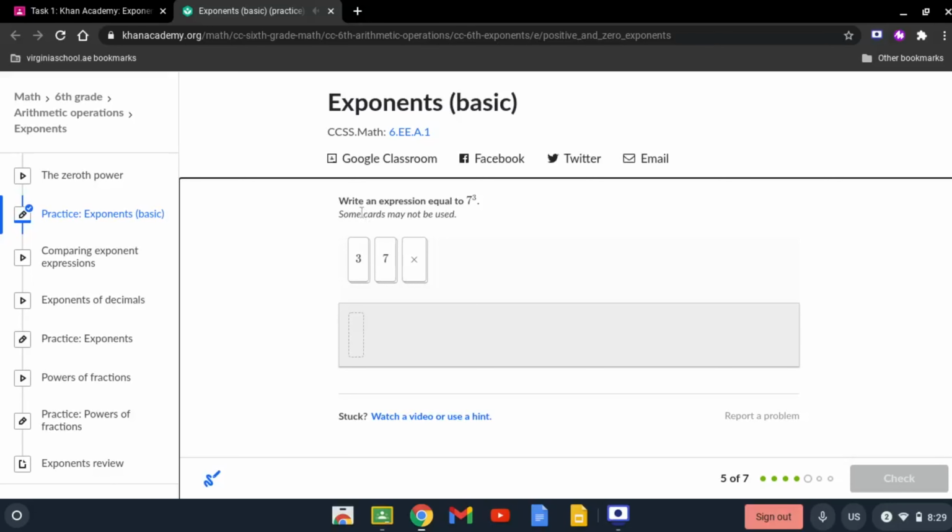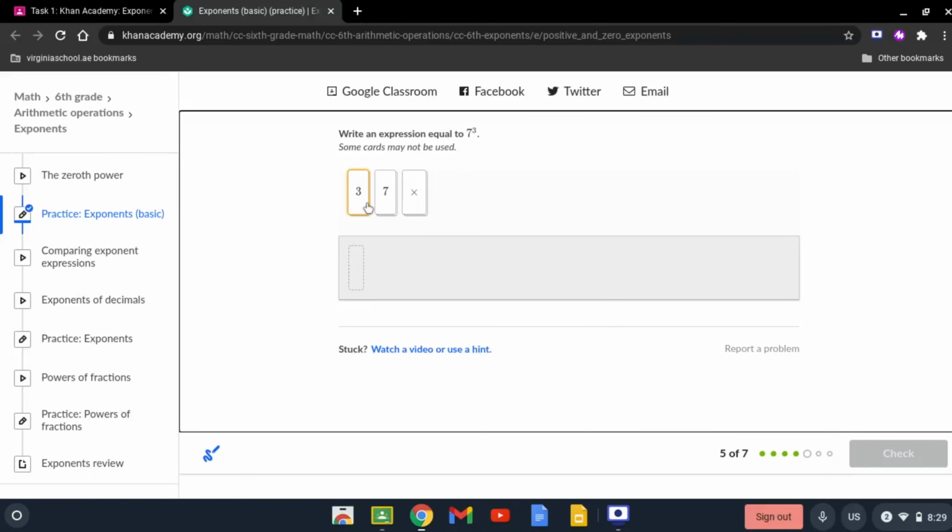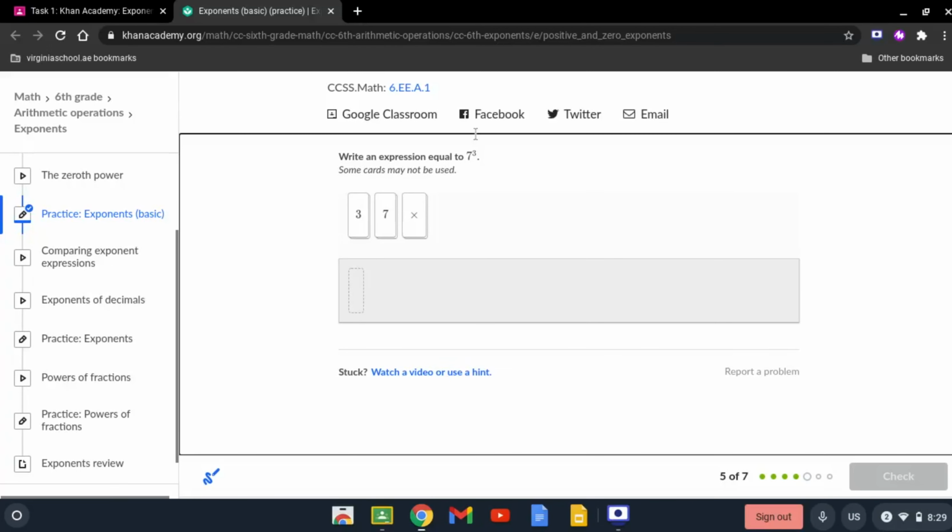Next question. Okay, write an expression equal to 7 to the power of 3. Some cards may not be used. Here we have some cards, and what you want to do is write an expression equal to 7 to the power of 3. So what we want to do is multiply 7 by itself 3 times. First we want the number 7 and then times.